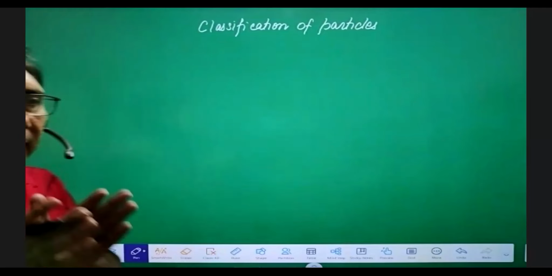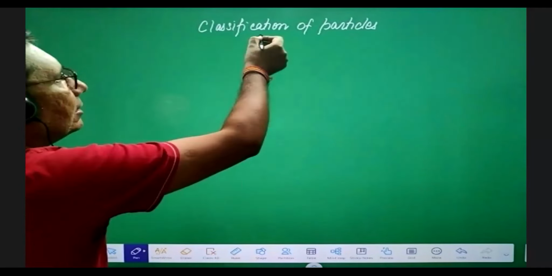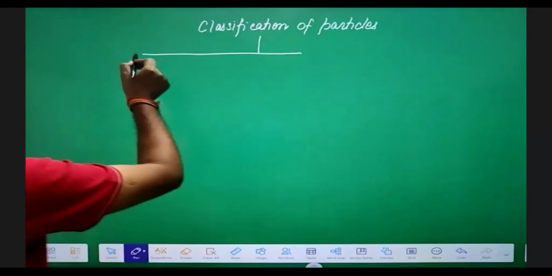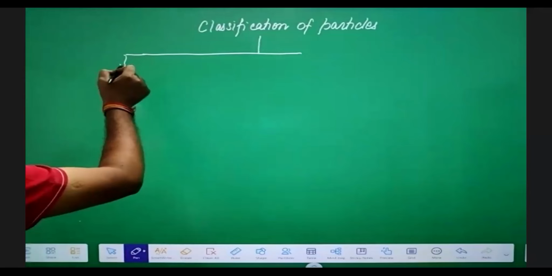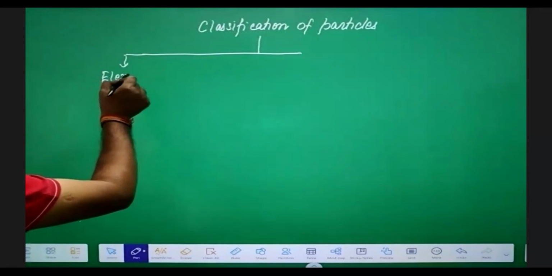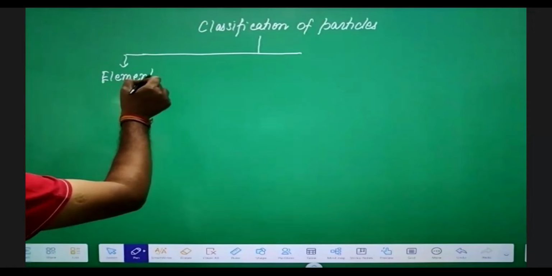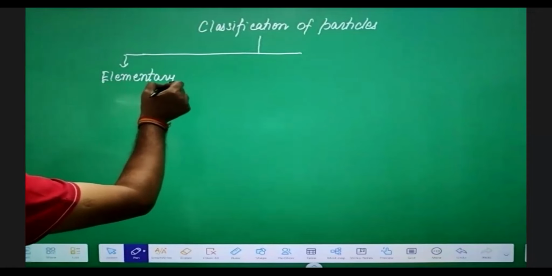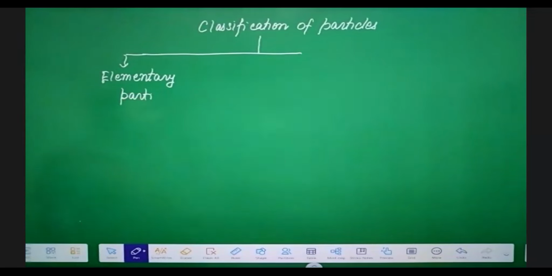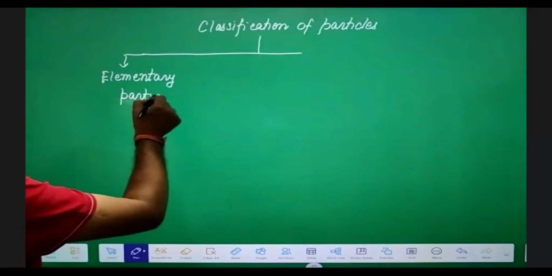So the particles whose internal structure is not known to us are called elementary particles. Some people also call them point particles.